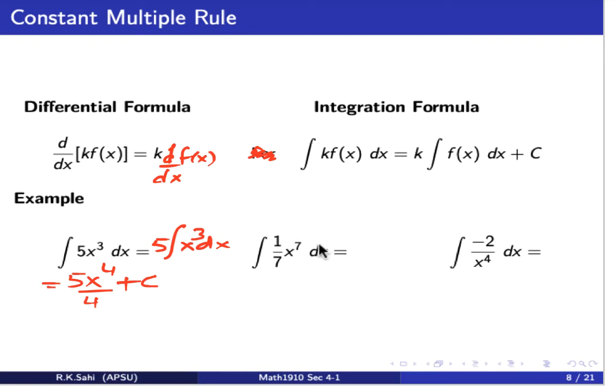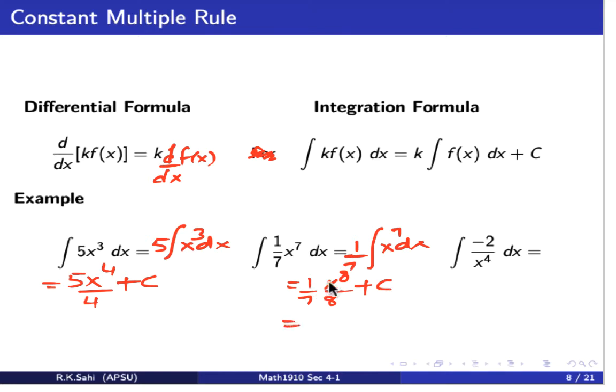Let's look at the next problem. We're taking the integral of 1 over 7 times x to the power 7 dx. 1 over 7 is a constant, guys. Let's take that out. And now we're going to look at x to the power 7 dx. Now, we can simply apply our power formula, which is 1 over 7 times x to the power 8 divided by 8 plus c.